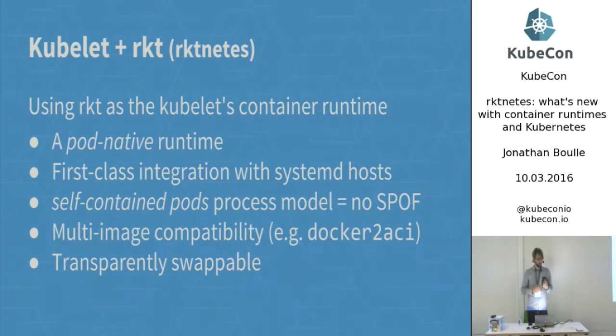We also have first-class integration with systemd. What that means is, for example, Rocket pods are registered with systemd's machined, and so they're recognized as containers by systemd. Since we use systemd internally as well by default, it maps very cleanly with the systemd cgroup hierarchy and things like that.